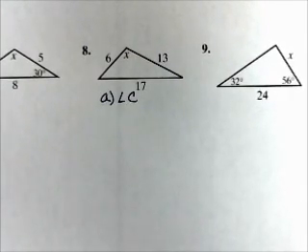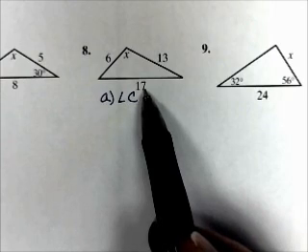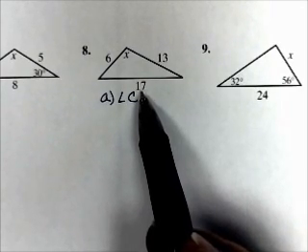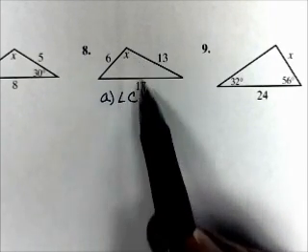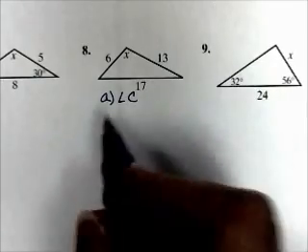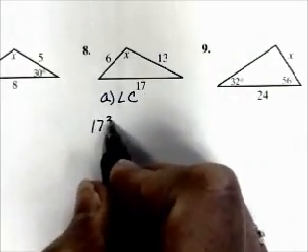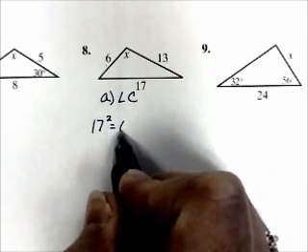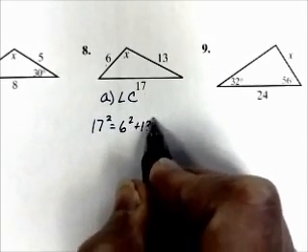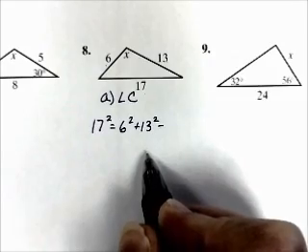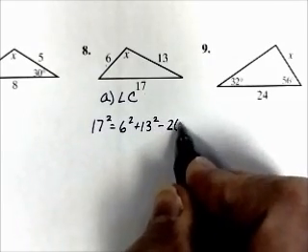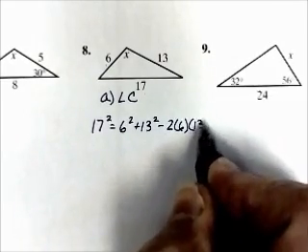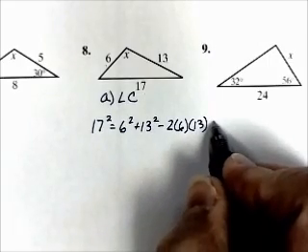Now for law of cosines, we start with the side opposite the angle. In this case, we're trying to find this angle x, so we start with the side opposite it. So 17 squared is equal to the sum of the squares of the other 2 sides minus twice their product times the cosine of the angle.